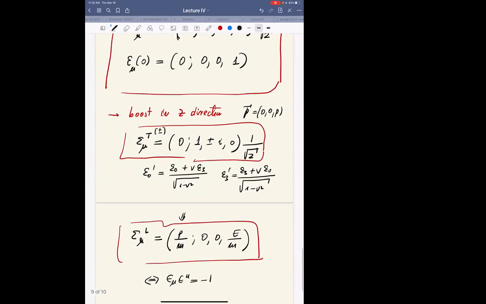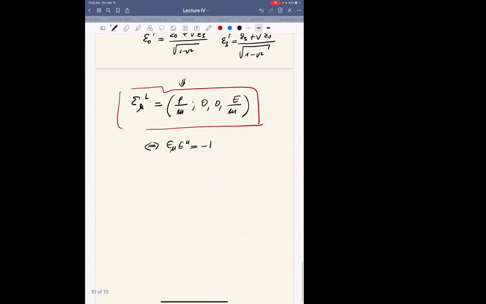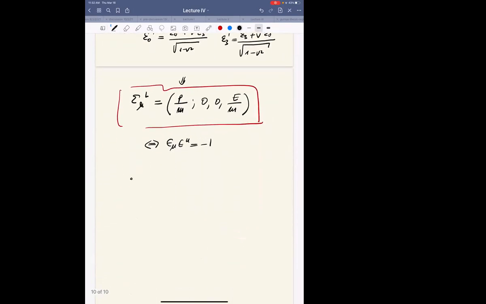From the form of these, you can immediately derive, you can do it at rest or you can do it in motion, another very important thing: the sum of epsilon mu I epsilon nu I star, where I goes through plus, minus, and 0, these are the three polarization tensors. Does someone know what this is? Have you ever derived it?